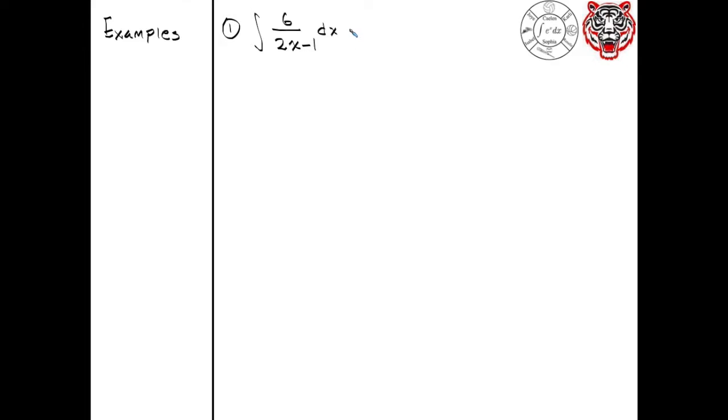So what does this turn into? This turns into the integral of 6 times 2x minus 1 to the power of negative 1 dx. Now I need to do my u substitution again, so I still need to find my u.